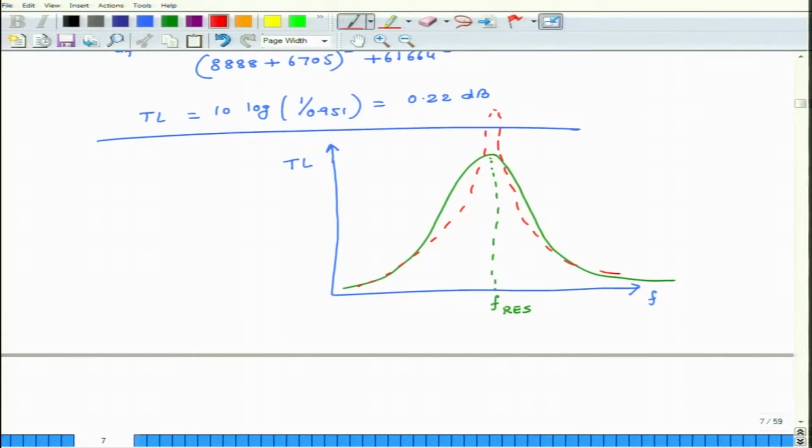I can design my Helmholtz resonator, which resonates at the same frequency, but it has a sharper peak. And what does a sharper peak mean? That even if a small amount of sound is coming away from the resonance, it will not get attenuated.